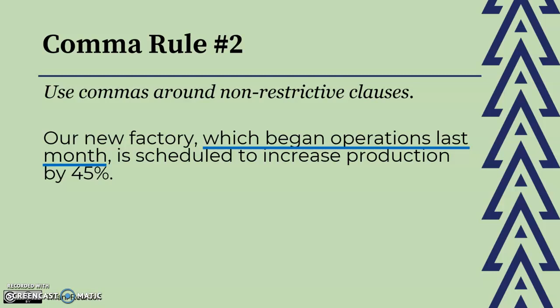If we take this thing out, will it fundamentally change the meaning of the sentence? No, it won't. It's information about the factory, but it doesn't change the actual meaning of the sentence. It's just the new factory is scheduled to increase production. That's at the core of it. That's what's really important. Therefore, these two commas around which began operations last month is correct.